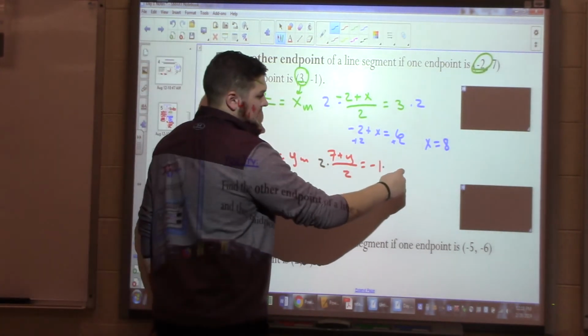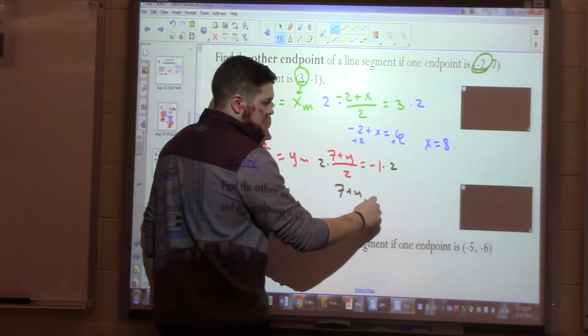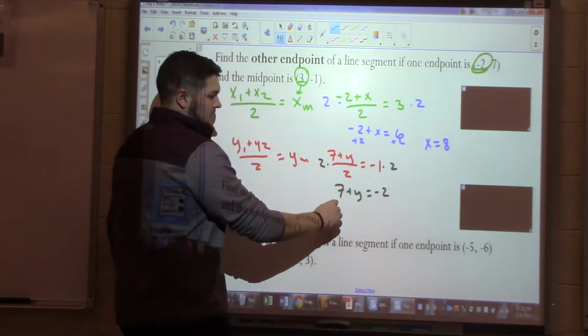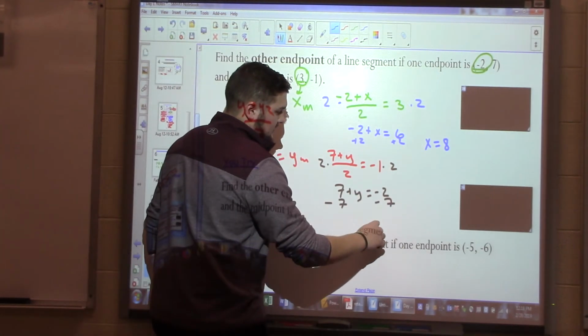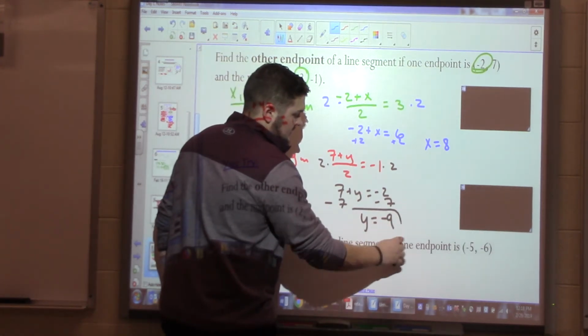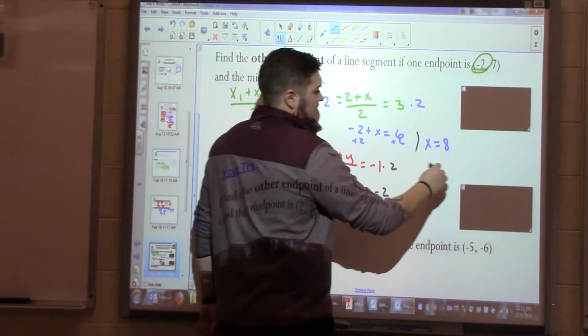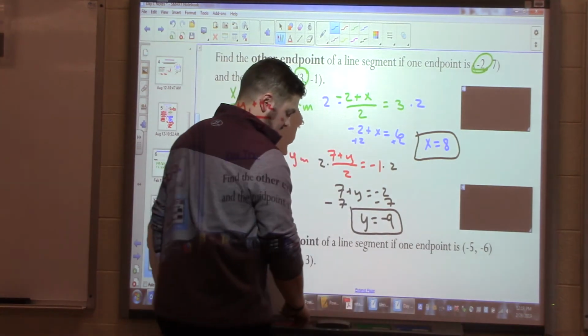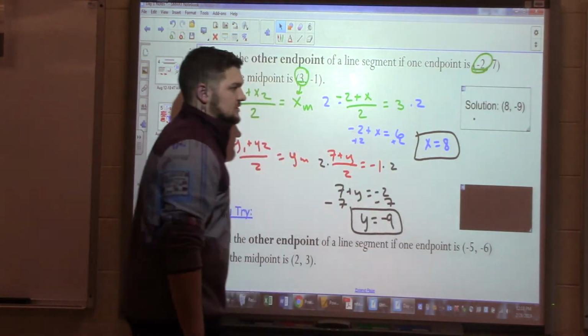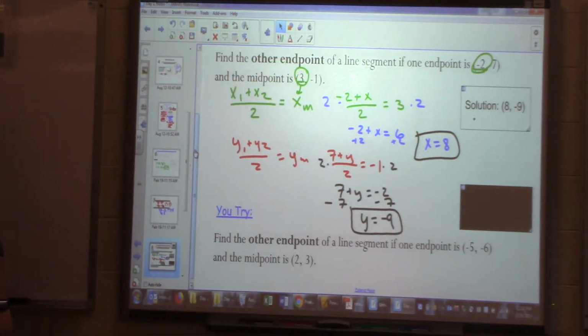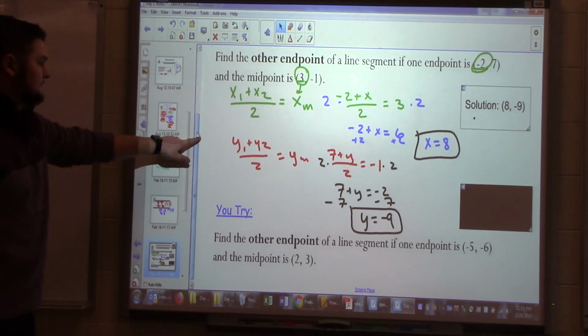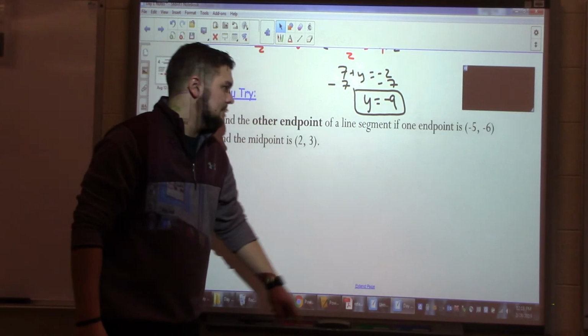Times 2, times 2. 7 plus y equals -2. Subtract 7, we get y equals -9. So our second endpoint then should be 8, -9. Alright, now that you guys have that refresher, go ahead and try the last problem, finding the other endpoint.